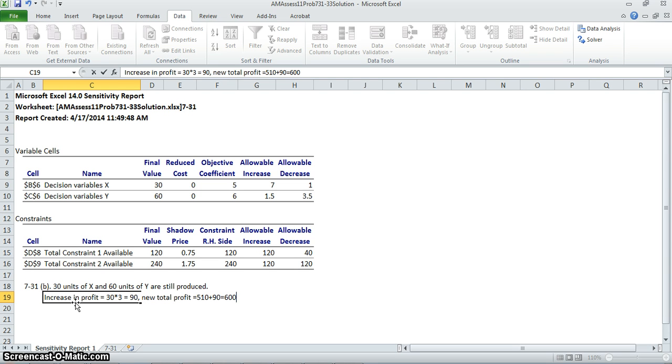The new total profit is 510, which is the original profit, plus the 90. We obtained this answer without doing anything except looking at the sensitivity report.